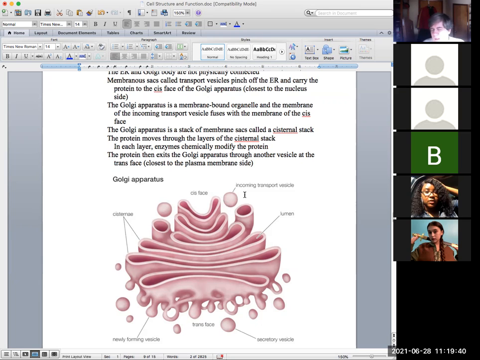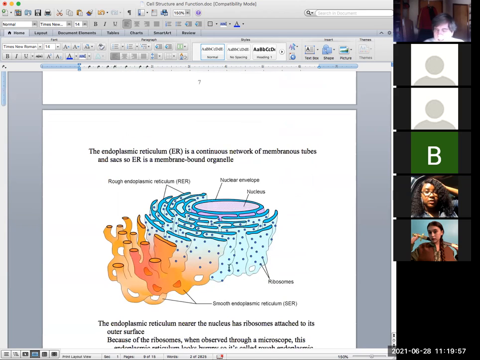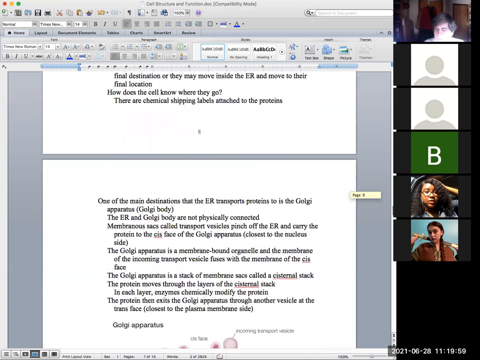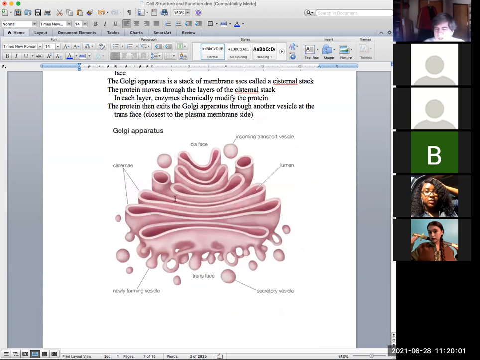So this is another membrane-bound organelle. Inside is the protein that started out in the endoplasmic reticulum. And this is called a transport vesicle. And we're going to carry the protein from the edge of the endoplasmic reticulum to the Golgi apparatus.